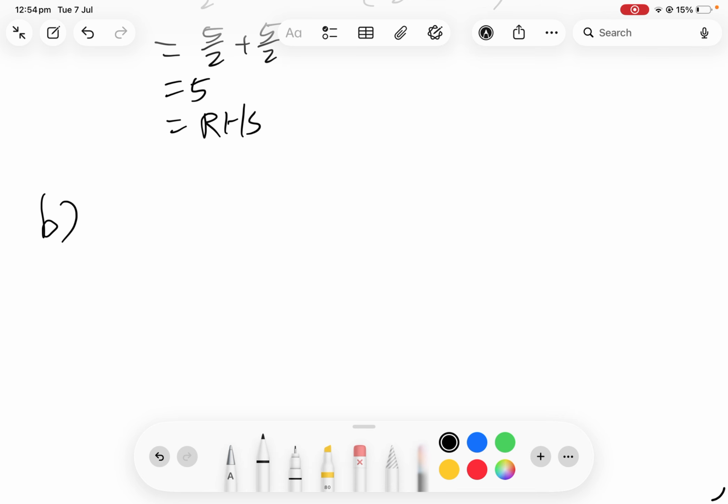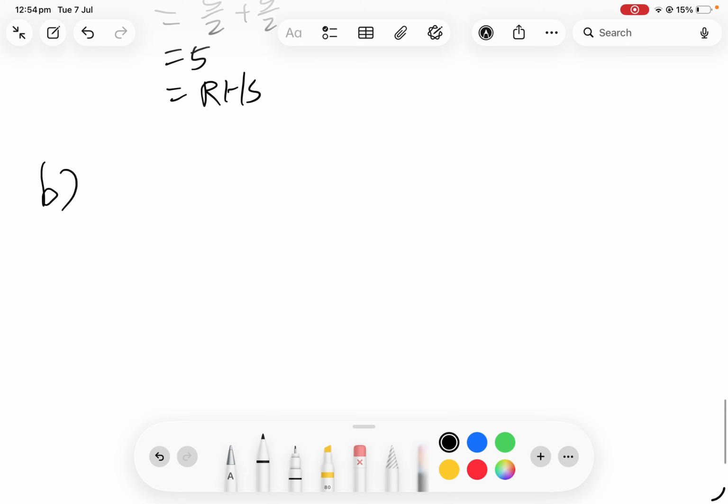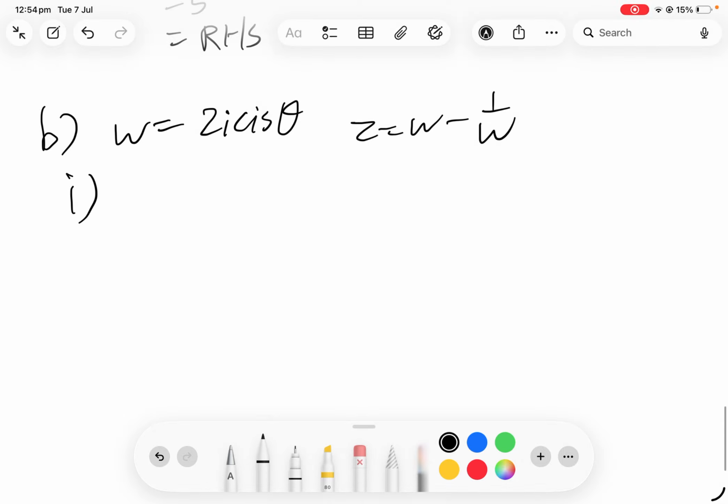So basically, it says let W, this time, be 2i cis theta, and Z equals the same, and I find Z in terms of this.